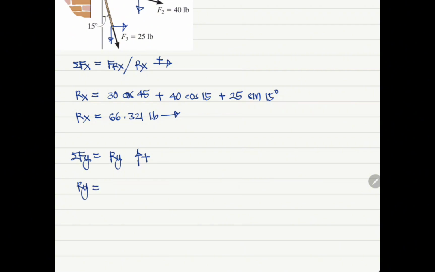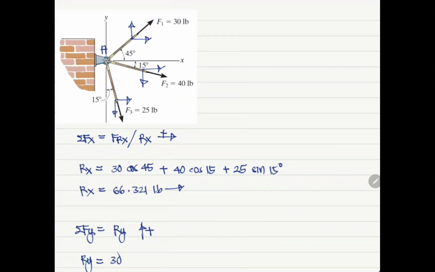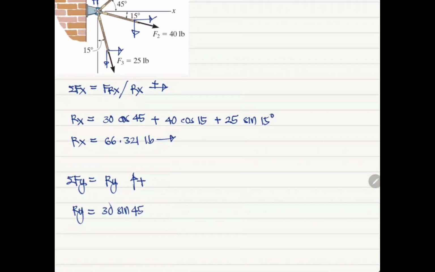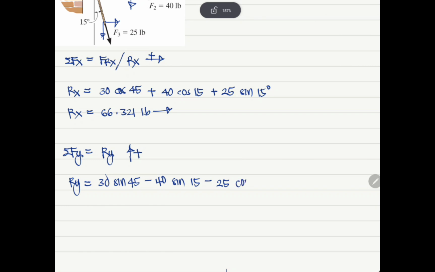Ry is equal to 30 sine of 45, upward, then minus 40 sine of 15, minus 25 cosine of 15.